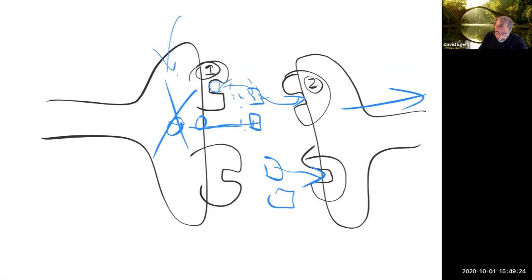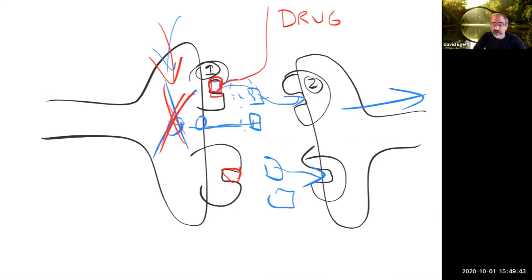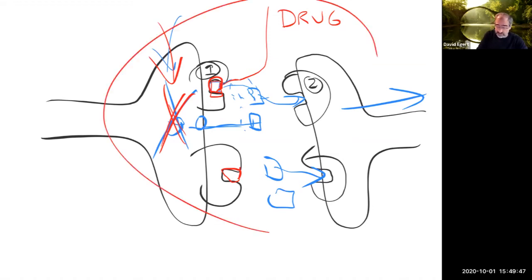But if you give somebody some drug that preferentially just binds here, that actually is telling this, oh, there's no reason to release more neurotransmitter. And so this drug that we just put in there is actually, even though it's an agonist to the adrenergic receptor, it actually is inhibiting activity at the synapse by turning off release of the neurotransmitter.